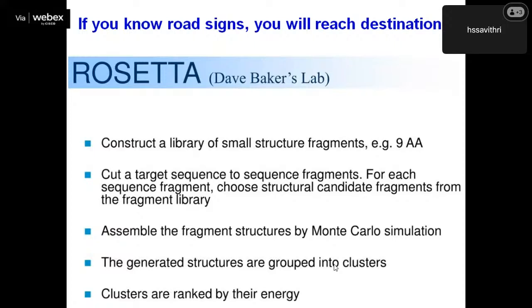The road signs are the rules that protein structures follow in folding into their native structures, such as existence of helices, beta sheets, hydrogen bonding, polar residues out, hydrophobic residues in. How to use these rules to construct protein is not a trivial problem.